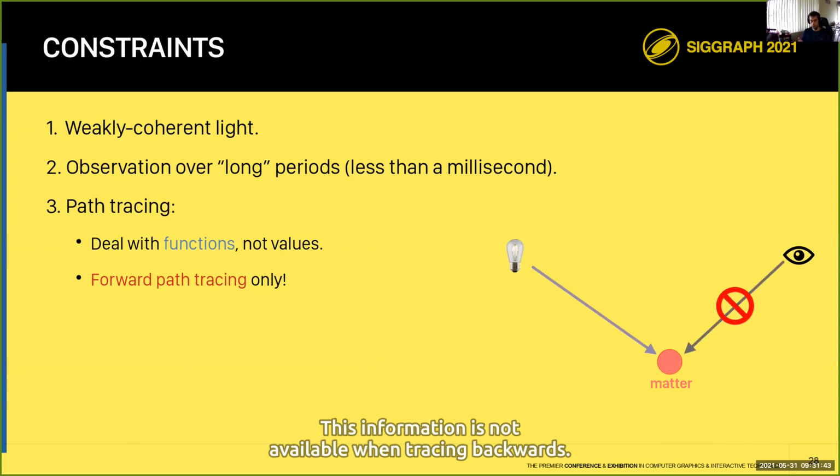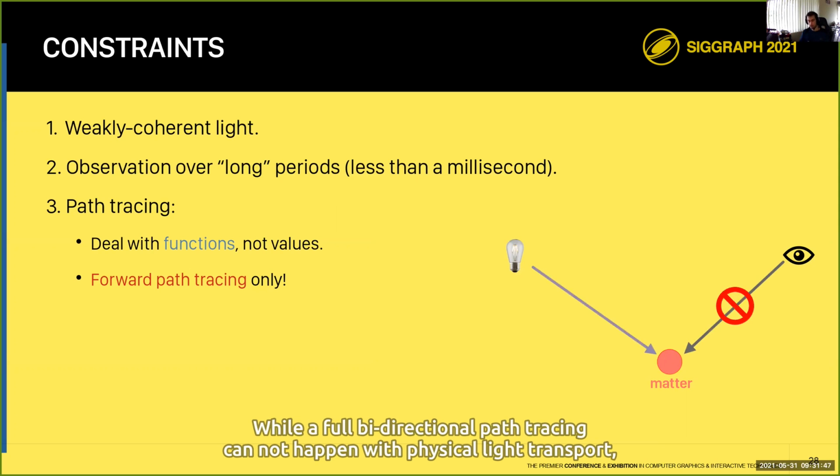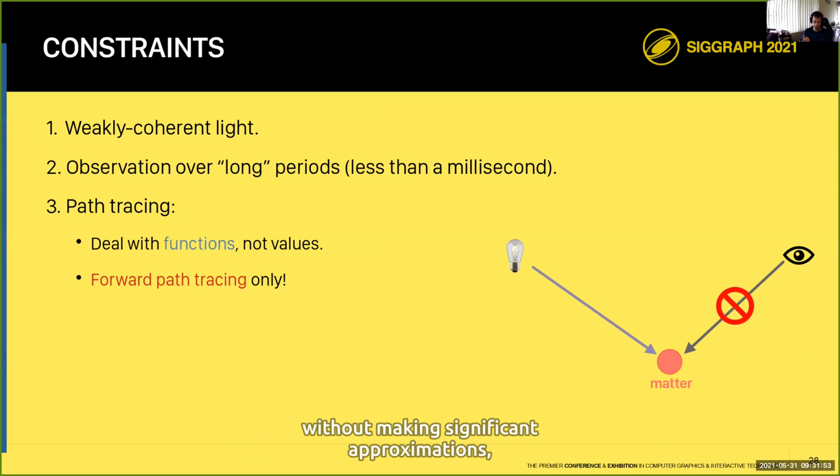This information is not available when tracing backwards. While a full bidirectional path tracing can not happen with physical light transport without making significant approximations, future work does indeed relax this constraint to a degree without compromising the accuracy.